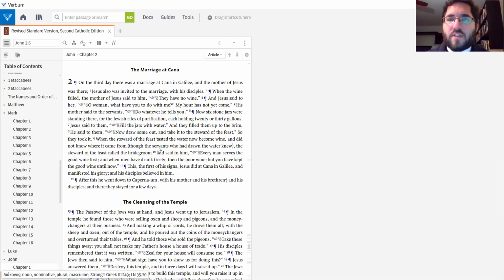So the steward tastes it, and it's so different. The steward calls the bridegroom, the one who's kind of responsible. He says, "Every man serves the good wine first, and when men have drunk freely, then the poor wine." By the way, that's how we know it's wine. And sometimes there are some Christians who will try to interpret this as grape juice or whatnot. Oh, alcohol is evil, whatnot. No. Why?